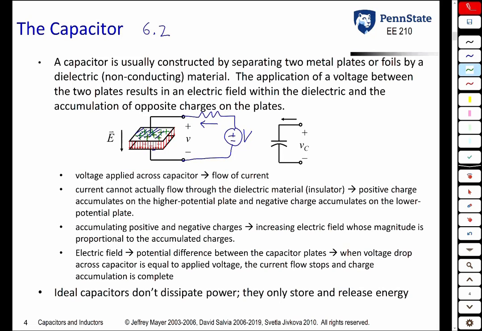But what those positive charges on the one plate are going to do is push the positive charges off the other plate, in other words, causing current to continue to flow through here and putting negative charges on the bottom plate. Now, technically, the opposite happens. Remember, it is electrons that are moving.